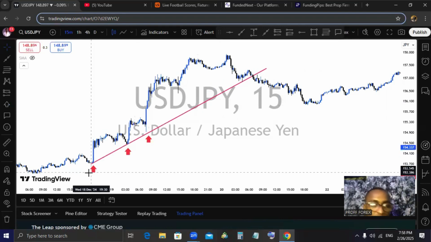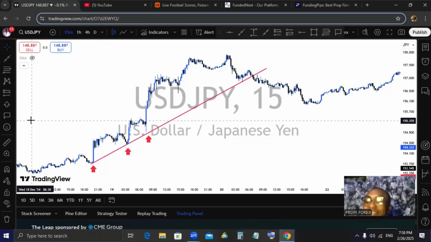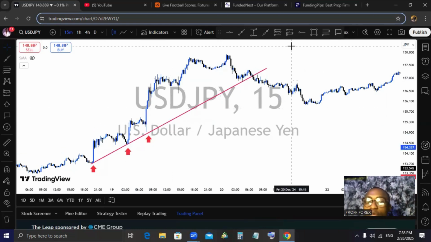Okay. First touch, second touch, because this first touch will give me my second touch. It has given me a confirmation that the trend line is valid. A trend line is valid when it gives you 2 touches. It's invalid when it gives you only 1 touch. 2 touches is valid. So then I have to look for a buy from the zone.